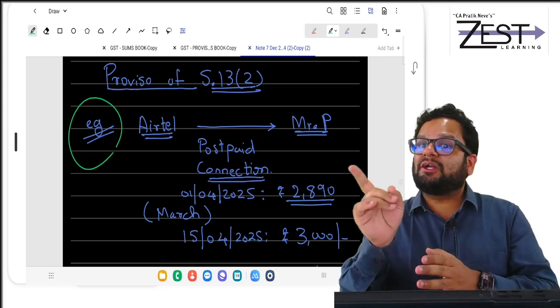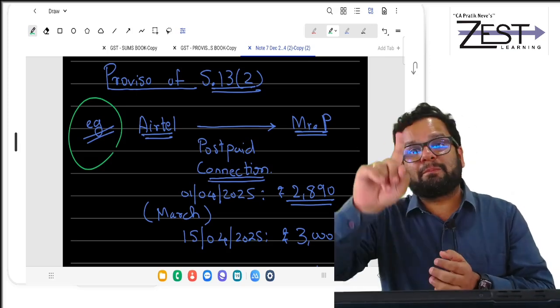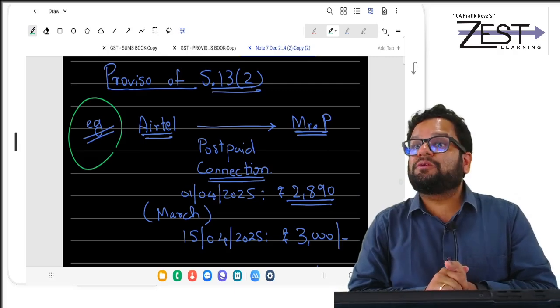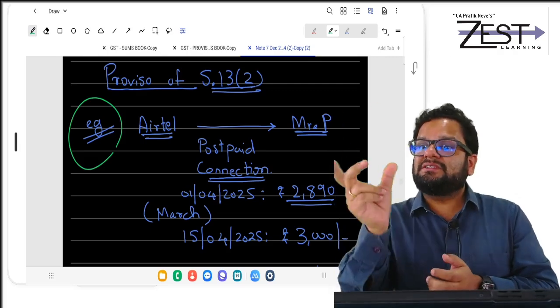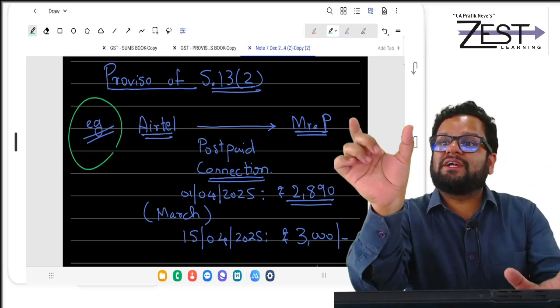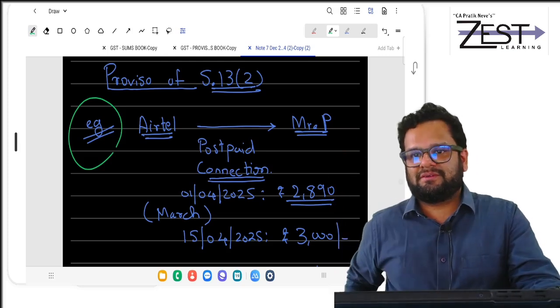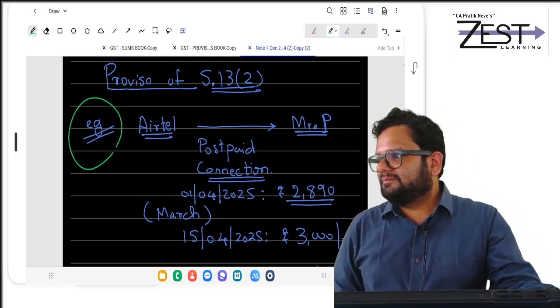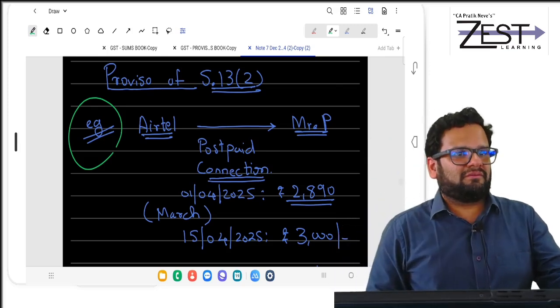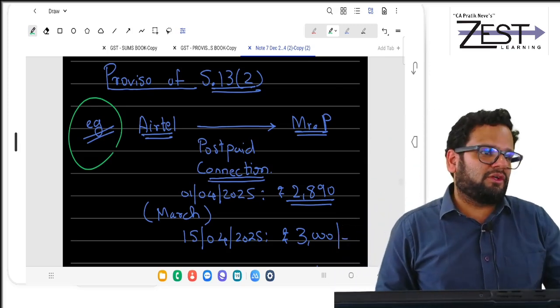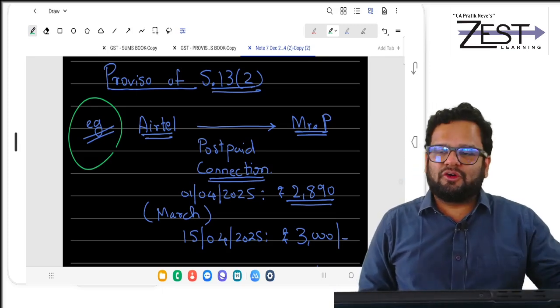You have to say that at the option of the supplier, in such case time of supply for that advance will be date of issue of invoice. Proviso is good, na? It is made for convenience of the supplier, so he will follow that.